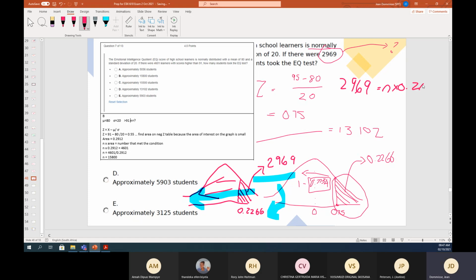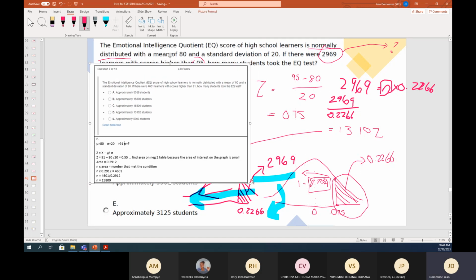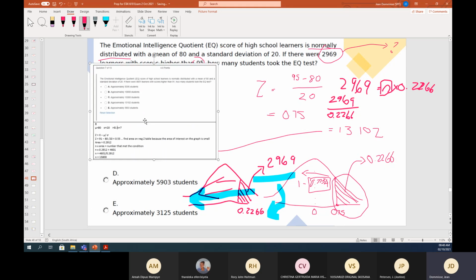So I just needed to add the N for you to make it, because then you isolate N on this side: it's 2969 divided by 0.2266.